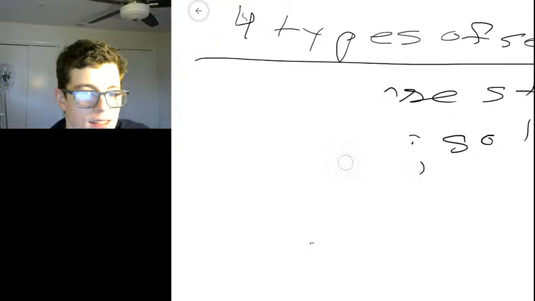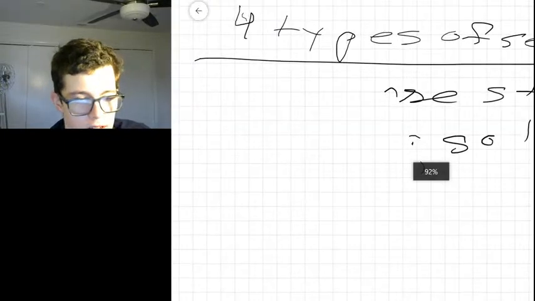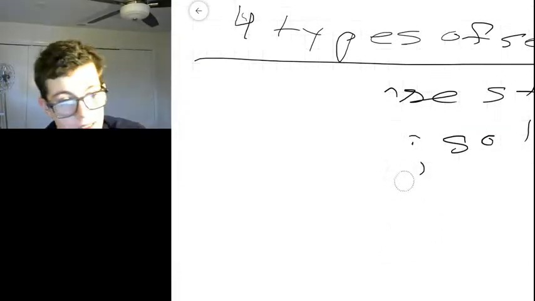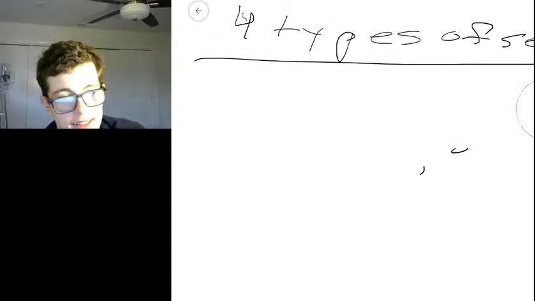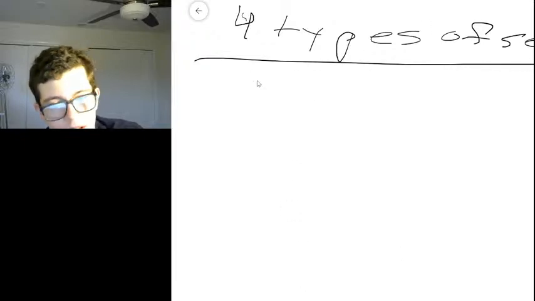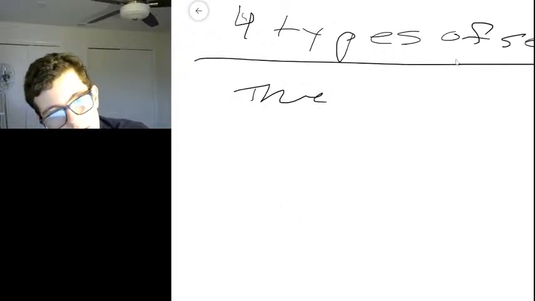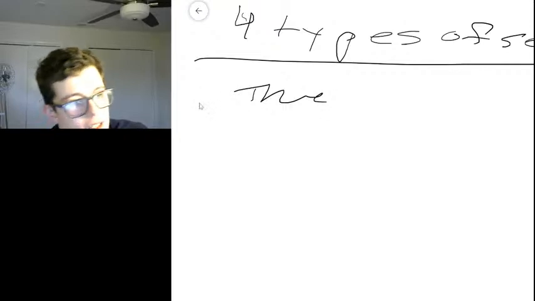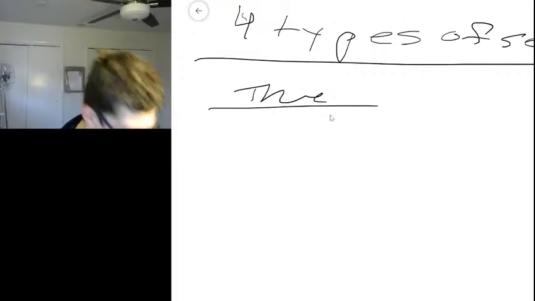So moving on to our last and final type of sentence, the exclamatory sentence. Oh, I forgot to tell you about the imperative sentence.